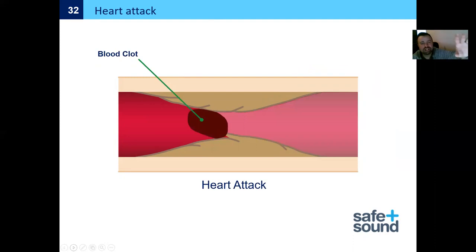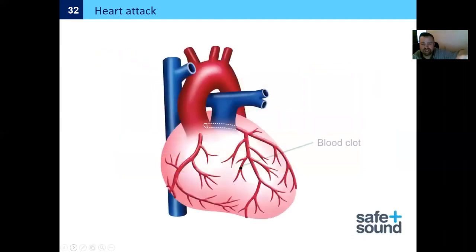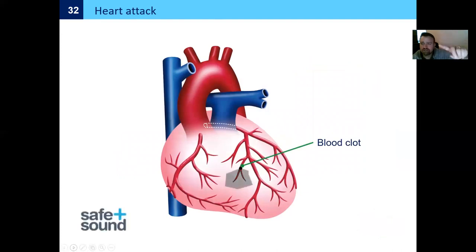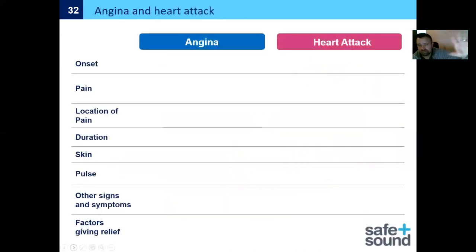Equally, the heart attack is where you've had a slight tear or a bleed. The bleed causes a blood clot. The blood clot blocks the artery, and it causes the heart to not pass the oxygenated blood around the body, causing arrhythmias and all of that lot, and obviously causes the heart attack.